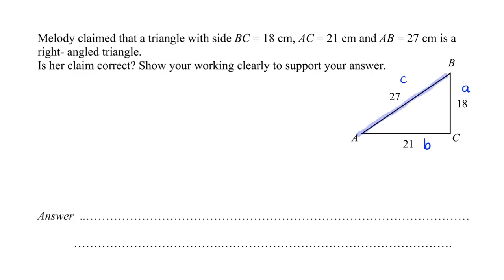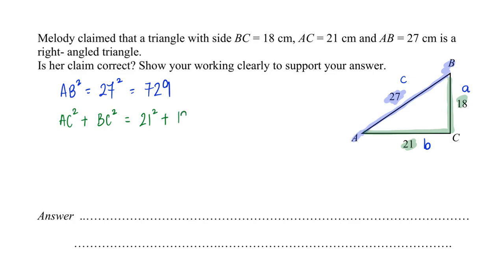I'm going to first find what is my AB square, which is 27 square, and this one gives me a value of 729. Then I'm going to look at these two values, which is AC square and BC square. And what is the sum of this?